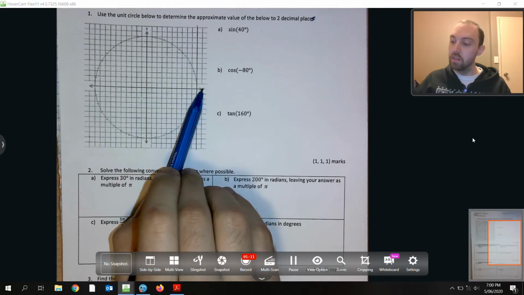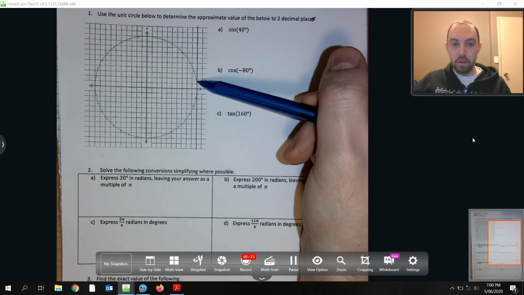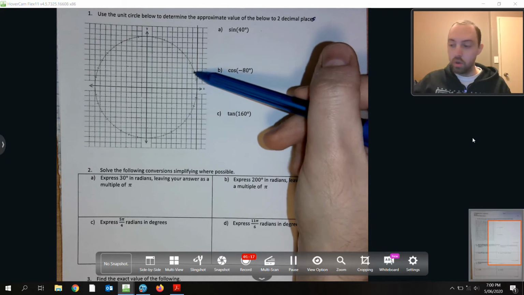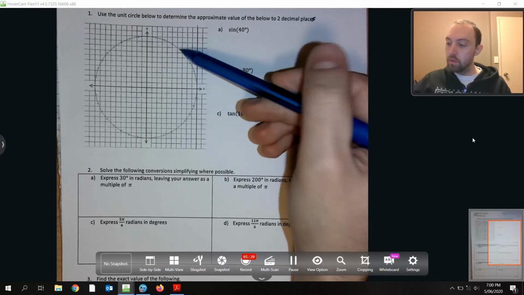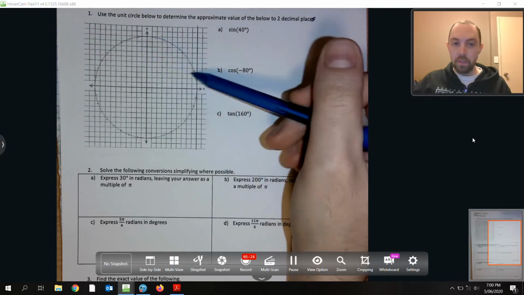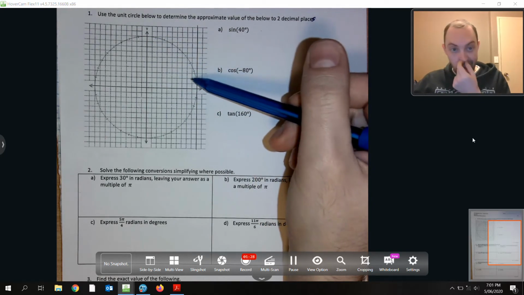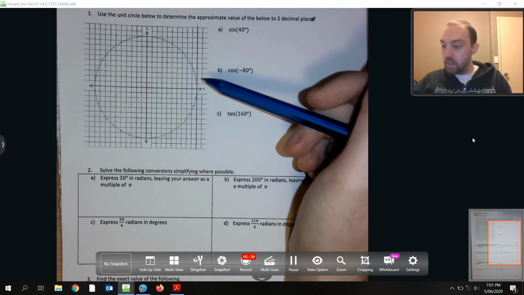Remember, the radius of your unit circle is 1. Over and around the side here, we've got 1, 2, 3, 4, 5, 6, 7, 8, 9 dashes around the edge of my circle. Each one of those dashes has to be 10 degrees.